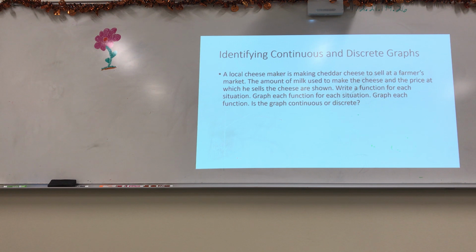Alright, so 1 gallon of milk makes 16 ounces of cheddar cheese. Each wheel of cheddar cheese costs $9. So we would have to make 2 different charts here.